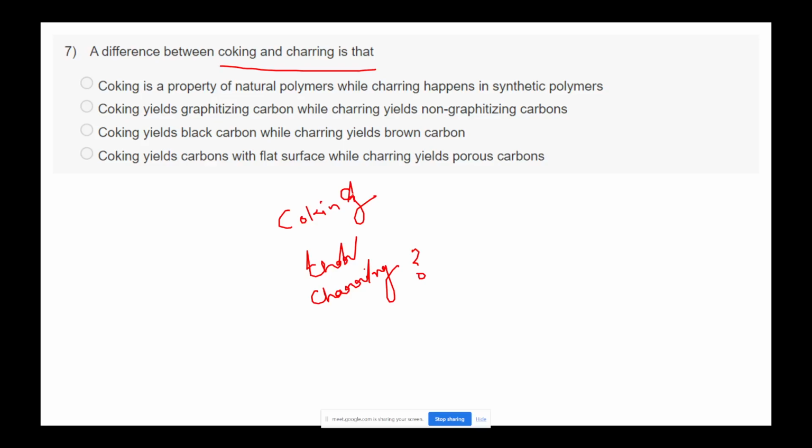What is coking and what is charring? Does anybody know this?